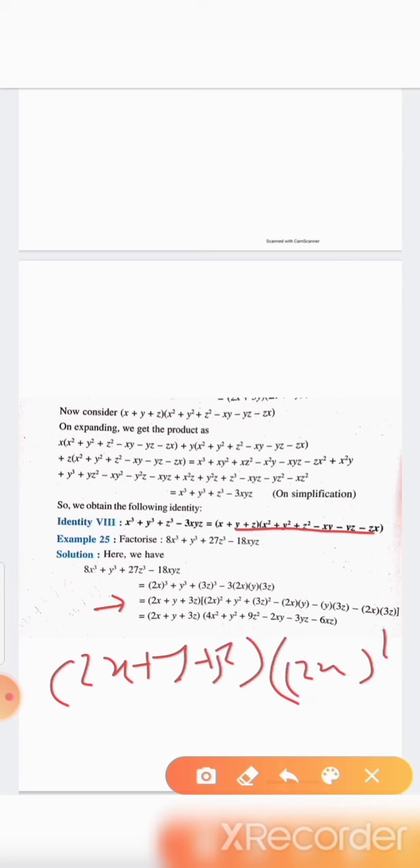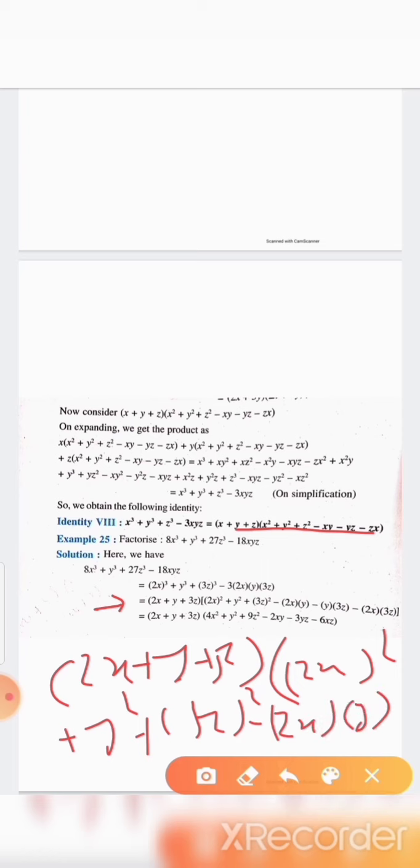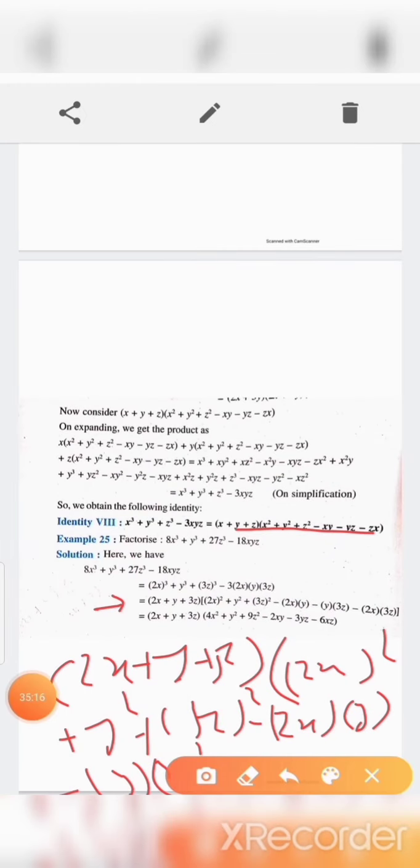We write the bracket multiplication (2x plus y plus 3z) and another bracket (2x) whole square plus y square plus (3z) whole square minus 2x times y, minus y times 3z, and the rest step is minus 2x times 3z.